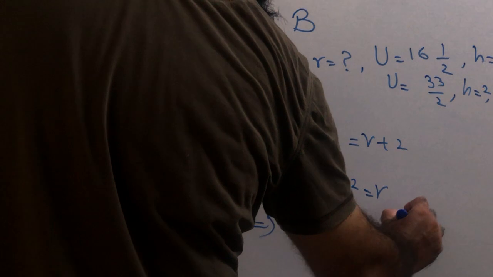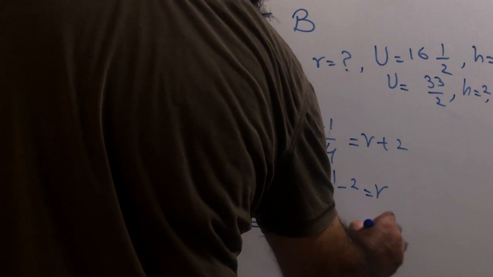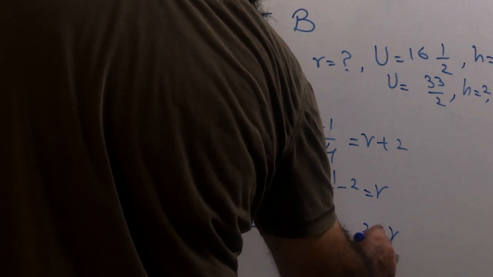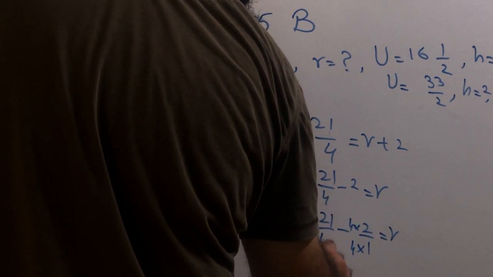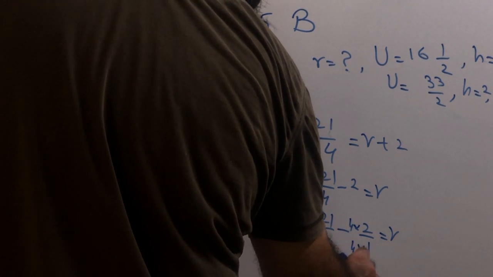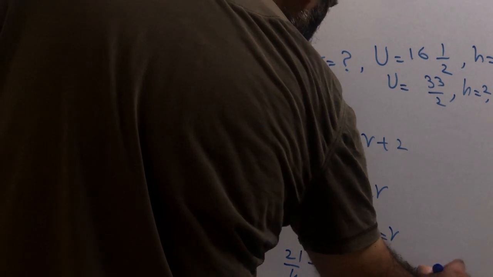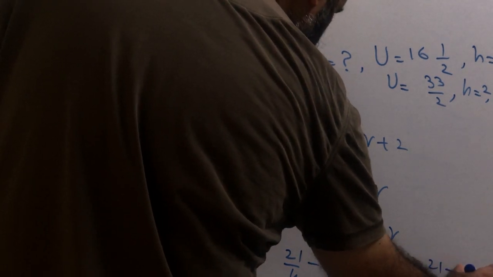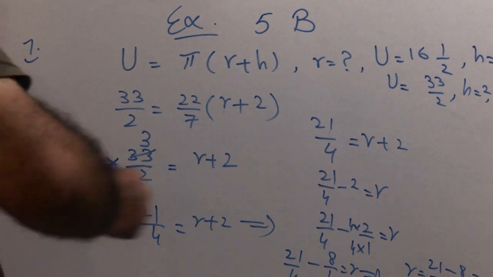Okay, now we have r is equal to 21 over 4 minus 2. 2 means 2 over 1. We'll equalize the denominators. We'll have 21 over 4 minus 8 over 4 is equal to r. It means we take the LCM 4, 21 minus 8, it becomes 13 over 4.